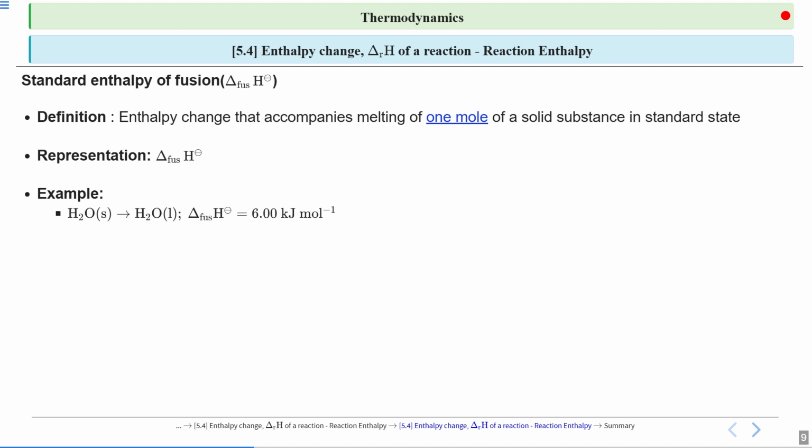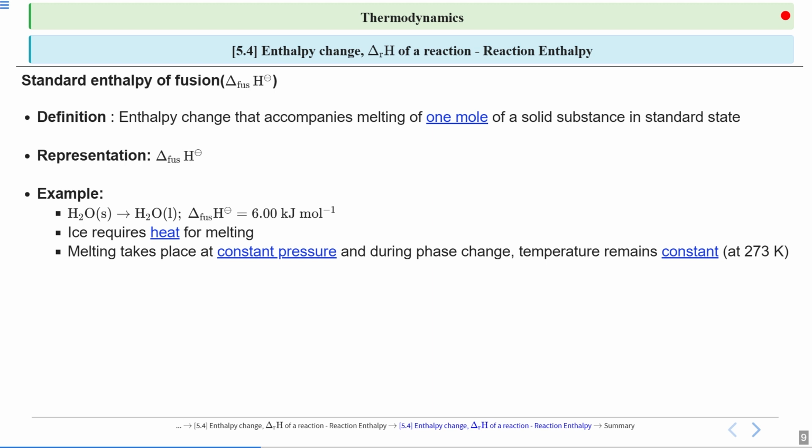Then in this process, we know that the ice is taking up heat. You can look at the enthalpy change value, which is positive, and simply tell that the process is endothermic. And this is a general rule: all processes that involve fusion are endothermic.